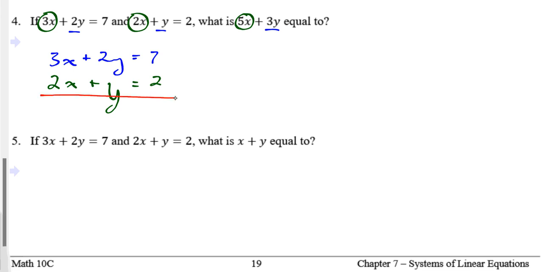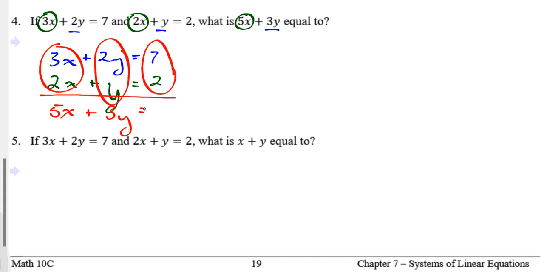If I add my x's together, I'll get 5x. Add my y's together, I get 3y. And then I'll have to add together the right side of the equation to get 9. There we go. 5x plus 3y is equal to 9.